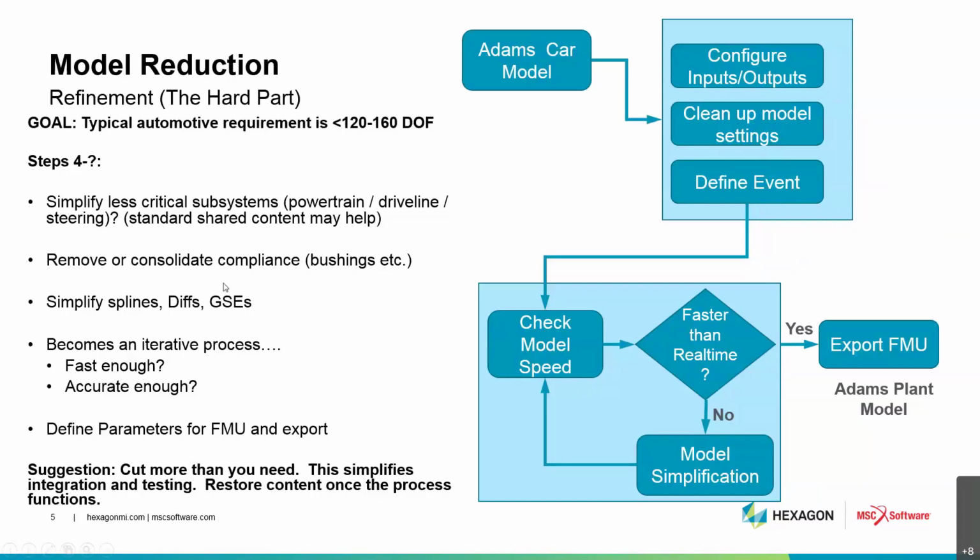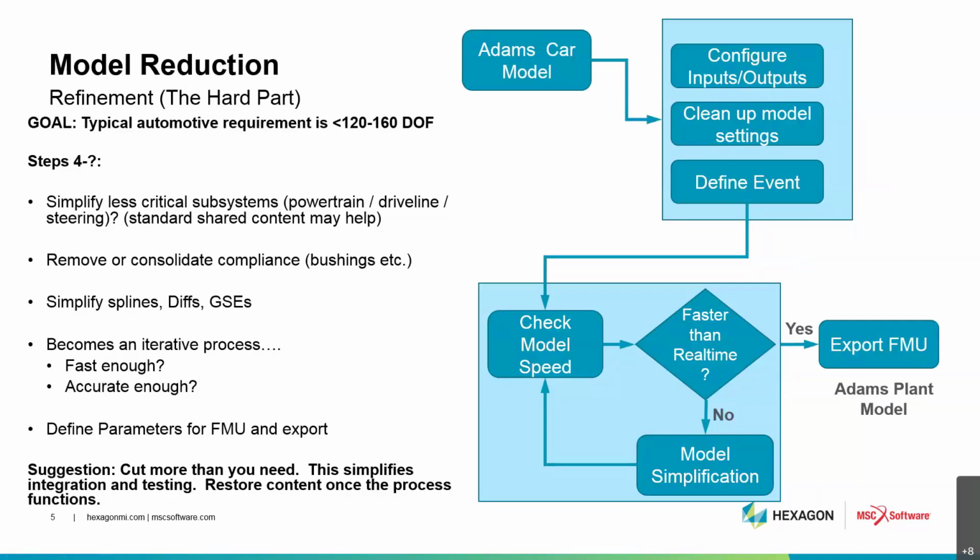Obviously, compliance and degrees of freedom are pretty tightly connected. A control arm with bushings on both ends has 6 degrees of freedom. A control arm with bushings on one end has 3, right? So if you're trying to take these out, take your degrees of freedom down a little bit at a time.